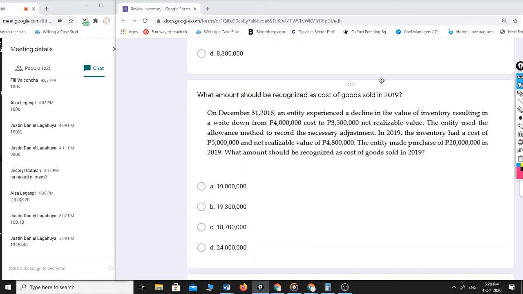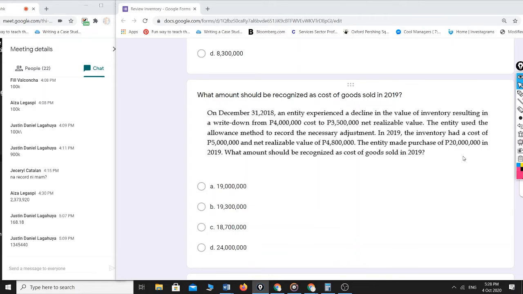Okay, quite the same. Ang ilang gingon diri is they were using allowance method. So, ang allowance method is, we have two types of adjusting our inventories if there is a difference between the cost and the NRV. So, pwede na to i-adjust using direct method and allowance method.